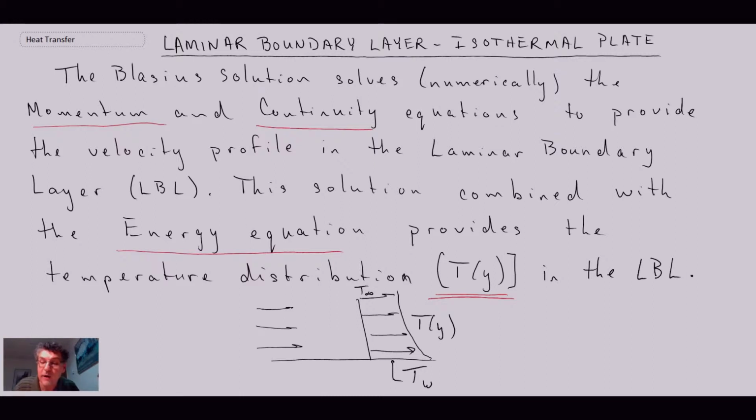I am not going to go through that solution procedure. You can look in many different textbooks and find it, be it a fluid mechanics book or some heat transfer books. What we're going to do is take this temperature profile and determine the convective heat transfer coefficient from it, which is what we are interested in for heat transfer.